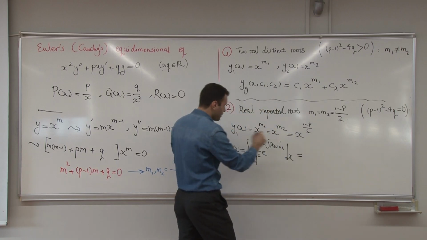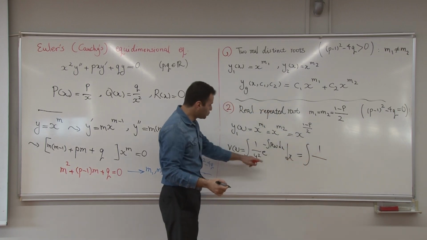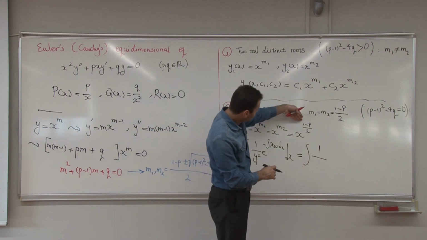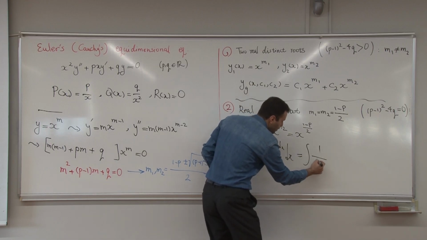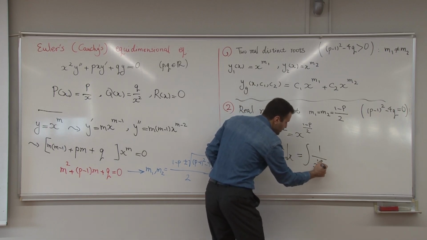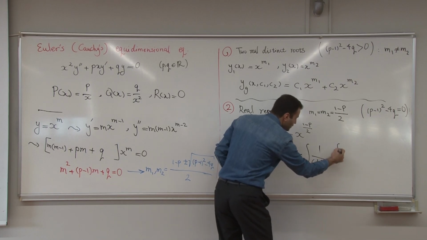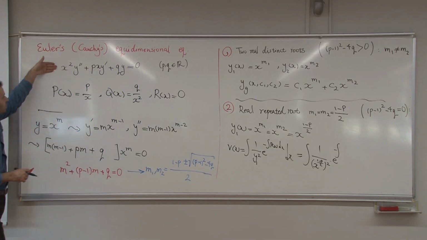So let's do it. We are going to calculate the integral involving our first solution to the power of 2. What is our first solution to the power of 2? It is x to the power of 1 minus p. Yes, let me write it first, then we can cancel this out. Multiplied by e to the power of the integral of minus p of x dx. What is our p of x for this equation?